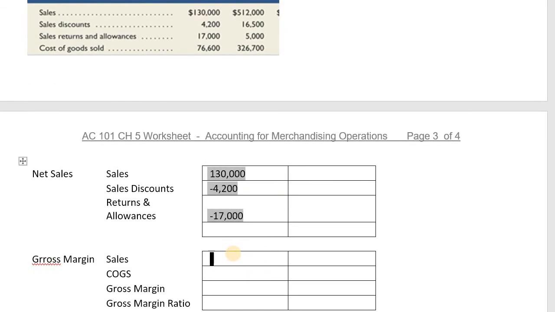Gives me net sales of $108,800. Cost of goods sold were $76,600. So my gross margin was exactly $32,200.